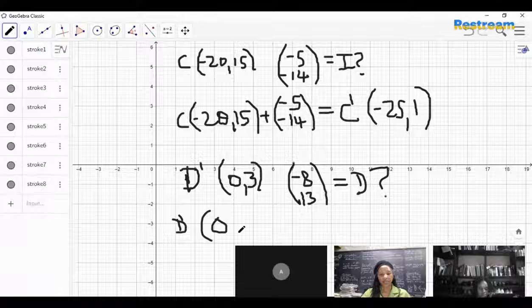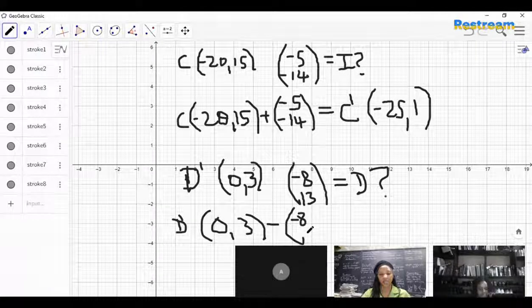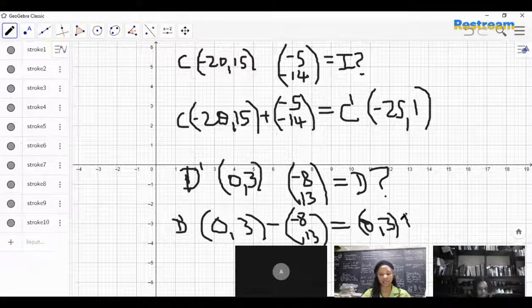All right, so that would mean we're taking away the translation vector from the image. You're saying the signs would change. So we would have 0, 3, and this will become a plus 8, but it will become a minus 13, right, as well.